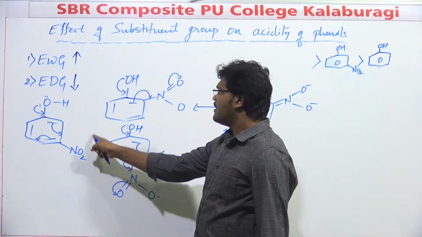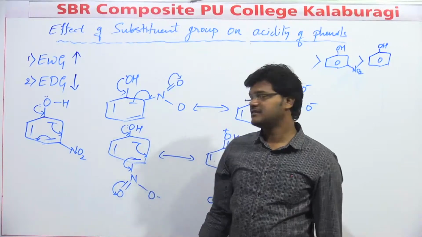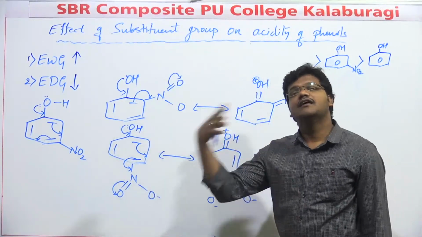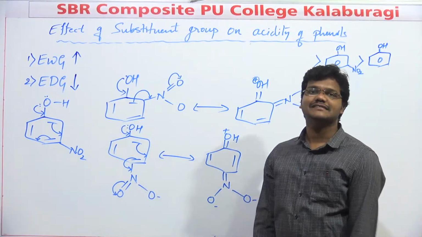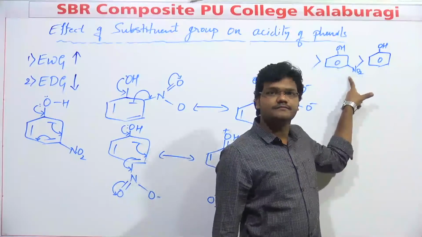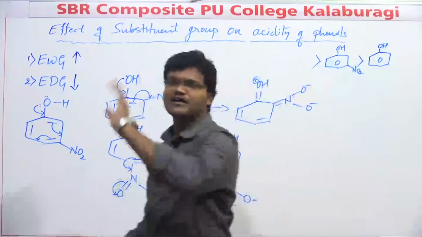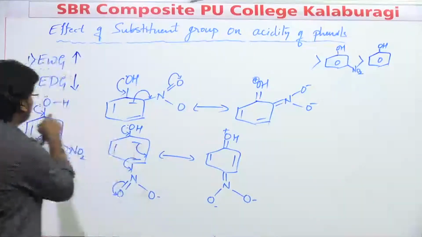So metanitrophenol will not show more resonating structures, whereas ortho and para will extend their resonance and stabilize. So that is why ortho and para nitrophenols are more acidic compared to meta. Clear? So now we know why ortho and para are more acidic than meta.